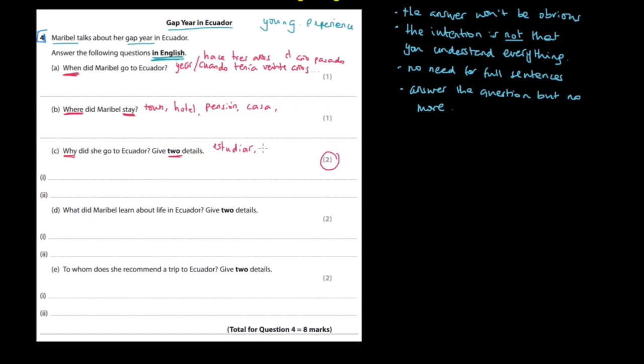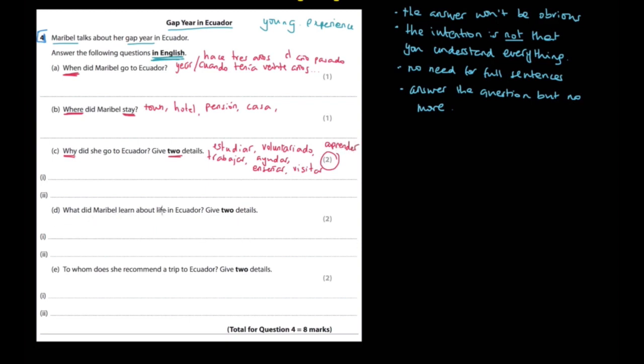She could go for "voluntariado", volunteering. She could have gone to "trabajar", to "ayudar", to help, to "enseñar", to teach. Different possibilities. She could have gone simply to "visitar", to visit, or "aprender", to learn.